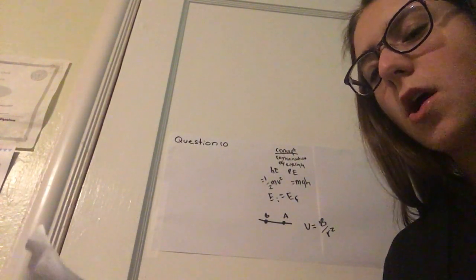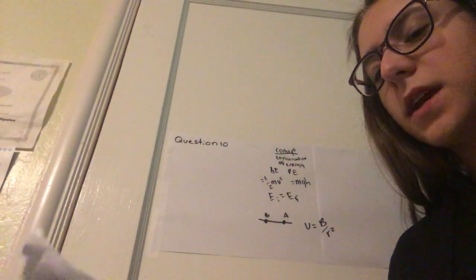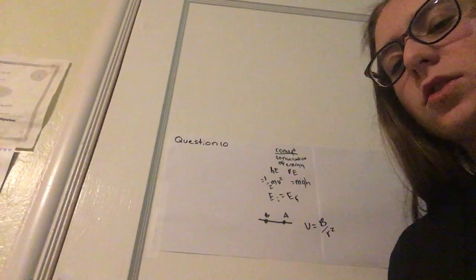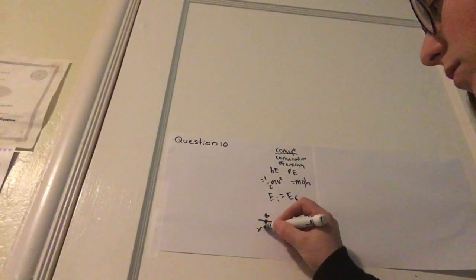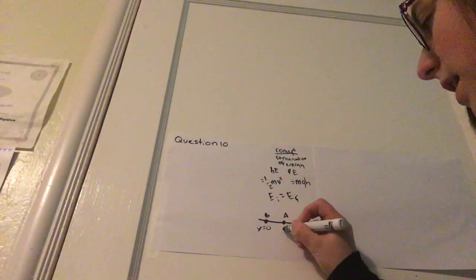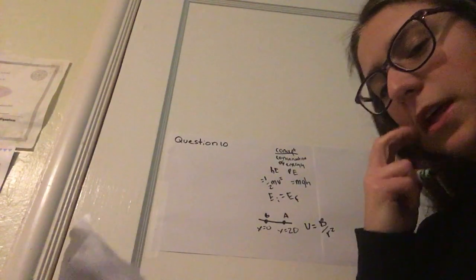At time equals 0, particle A is located at x equals 2d with an initial speed of v to the left. Okay, so this is at x equals 0, and this is located at x equals 2d away, so that's the r that we're dealing with.